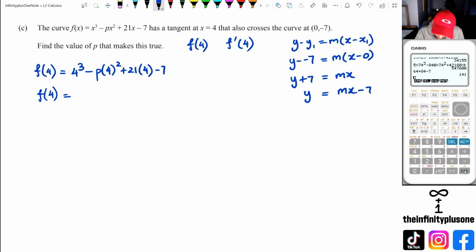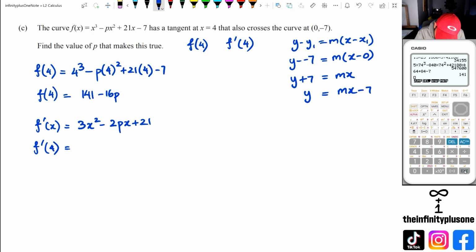That's going to give me 141 minus 16p. Then I'm going to work out f dash of x, which is 3x squared minus 2px plus 21. And I'm going to find the gradient when x equals 4. So that's 3 times 4 squared minus 2p times 4 plus 21. 4 squared is 16, 48, 48 plus 21 is 69 minus 8p.